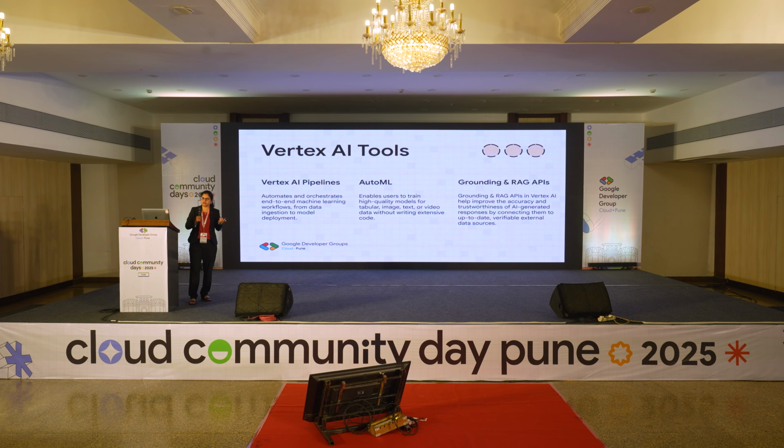Whenever we create our application, it's important to ground it with actual data, for example a PDF, or we can use Google grounding. Grounding and RAG in Vertex AI help to improve the accuracy and trustworthiness of the AI-generated response.